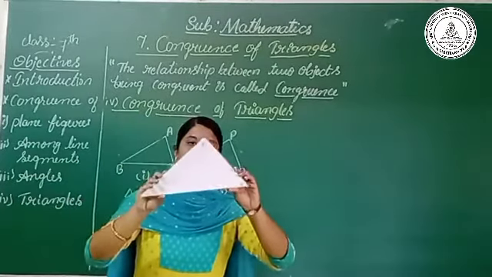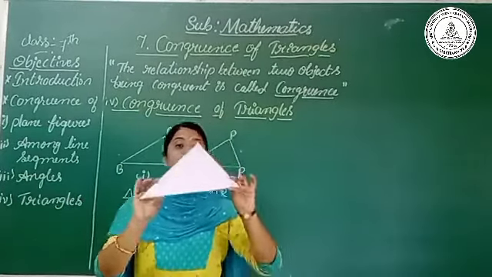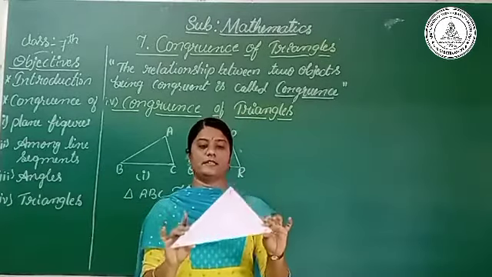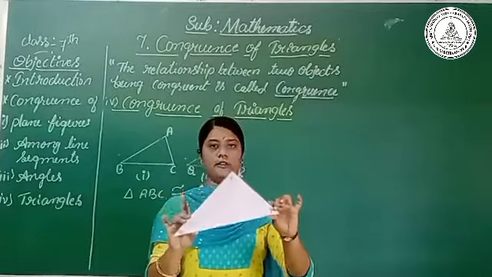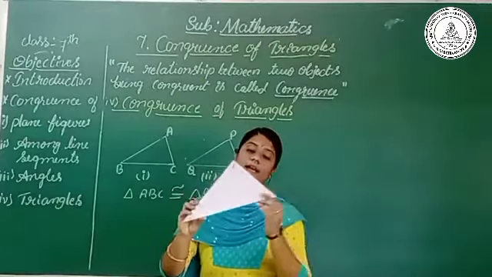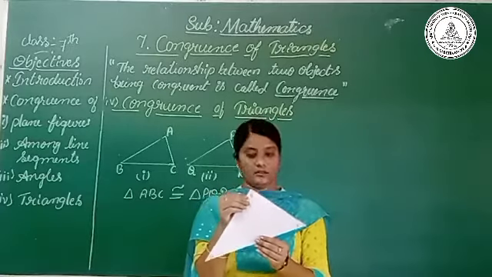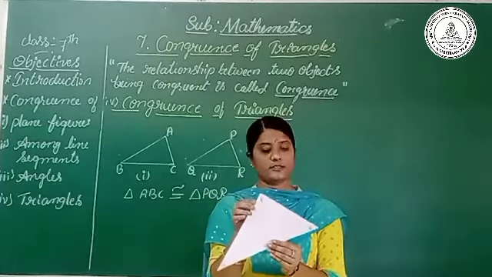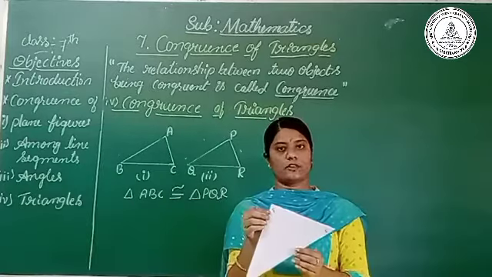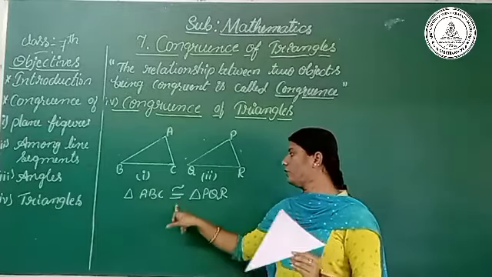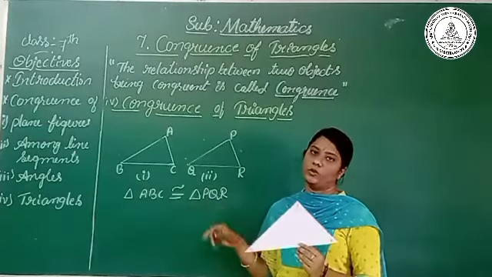So they are equal in size and measure. All the angles are of equal measure and all the sides are of equal length. Then these two triangles are said to be congruent. So we can write it as triangle ABC is congruent to triangle PQR.